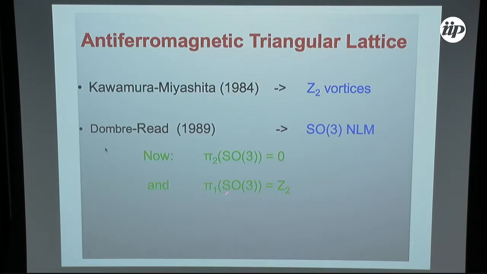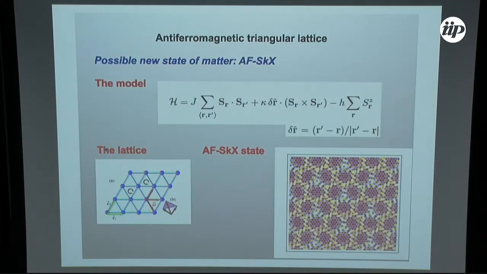But the first homotopy group is non-trivial and is Z2, okay? And this is why you have these Z2 vortices. But there will be no skyrmions if you look at this. So now let me go to our work.